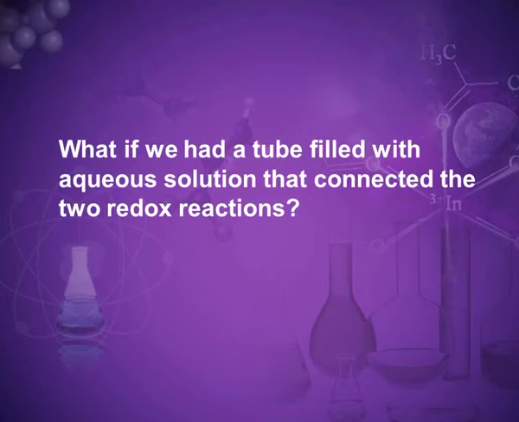Let me tell you what will happen if we connect the two solutions through an inverted U-tube, that is known as salt bridge. Let's see. What if we had a tube filled with aqueous solution that connected the two redox reactions?